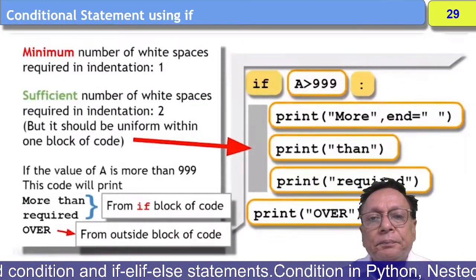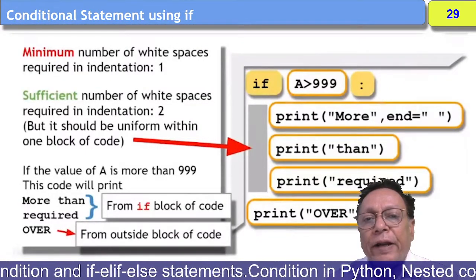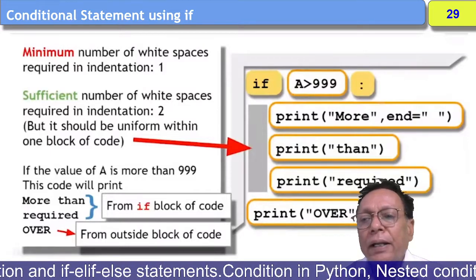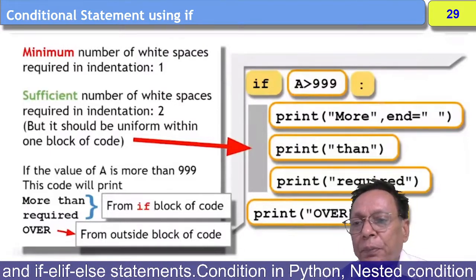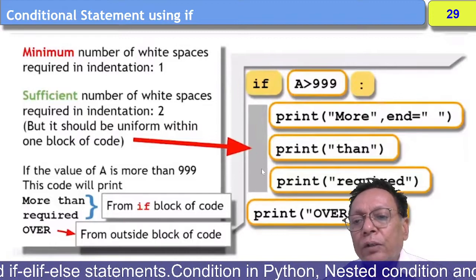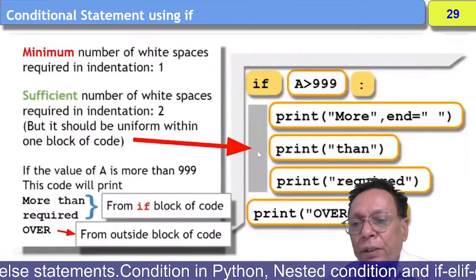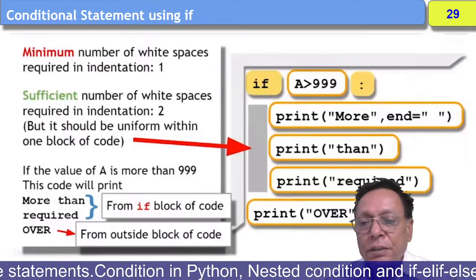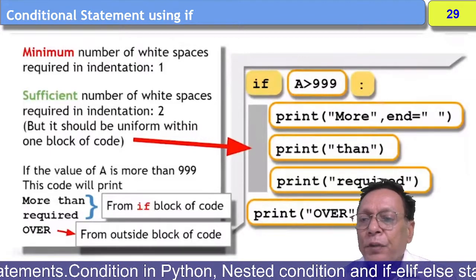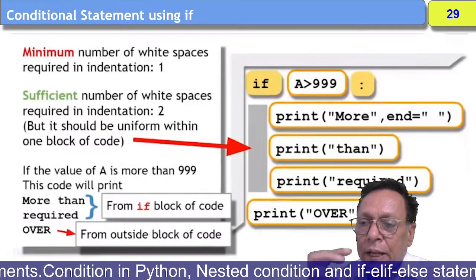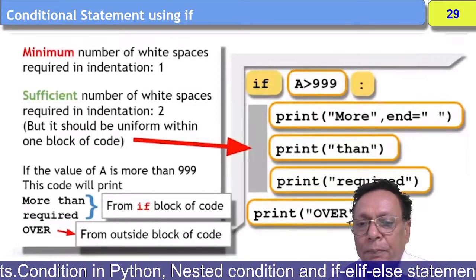See here, the minimum number of white spaces required in indentation is 1. If you put one column indentation, it works. If you take two columns indentation, it works. If you take the tab indentation, it works.